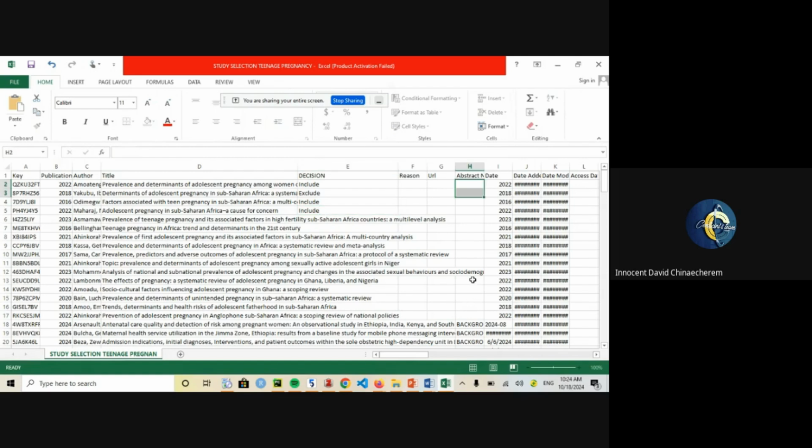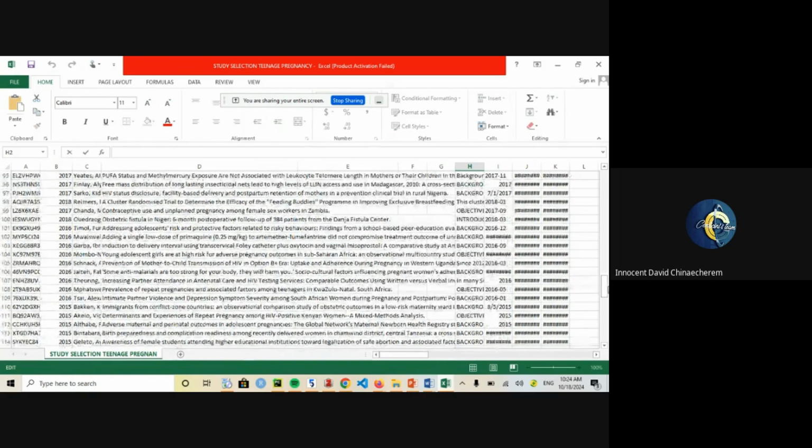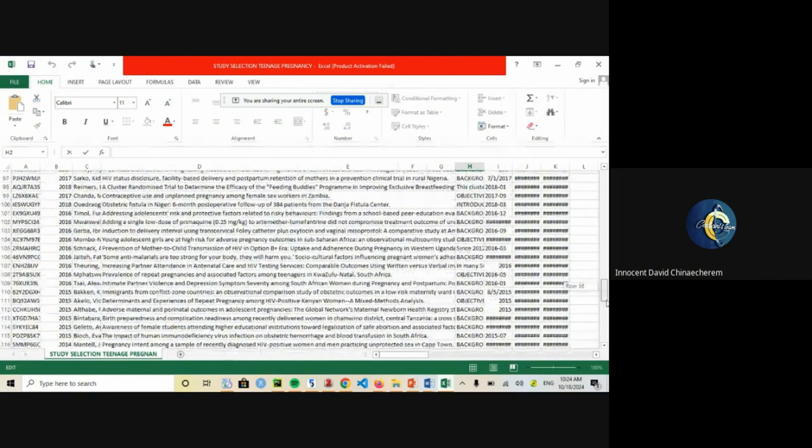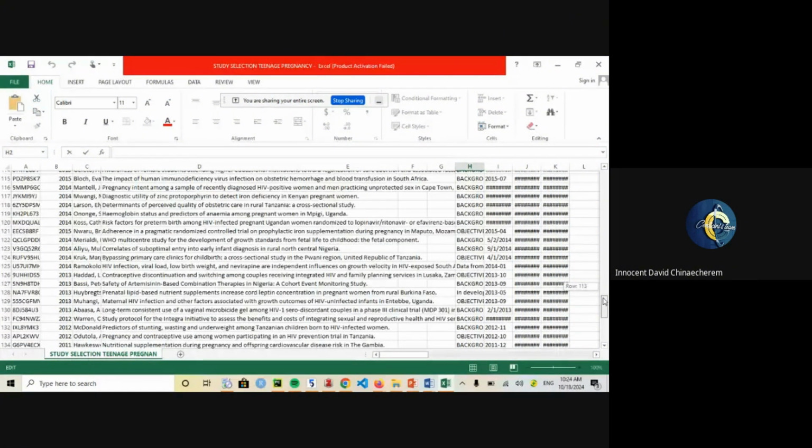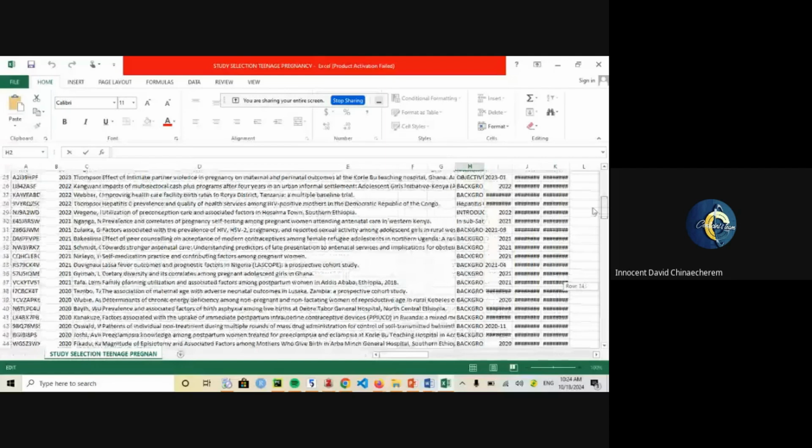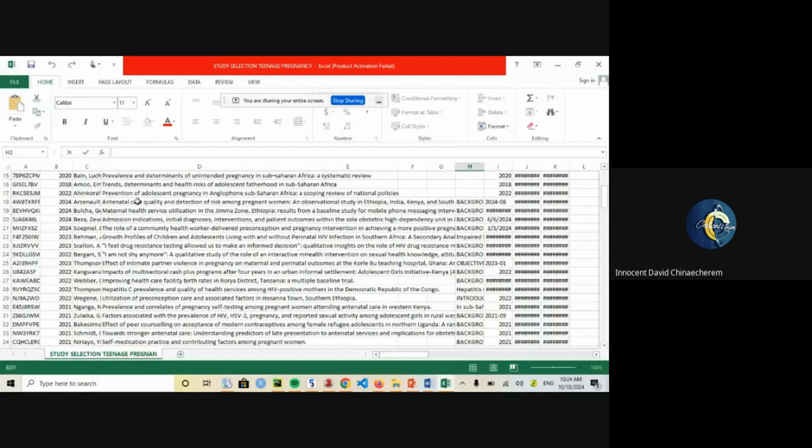Now, remember, all the abstracts of these papers are ideally displayed at this part of it. Because when you go down, you realize that all the abstracts of the papers have to be displayed. So in that situation, this is what we will continue doing. We still come here, we look at this part of it, we either include, or when we look at this part of it, we exclude.